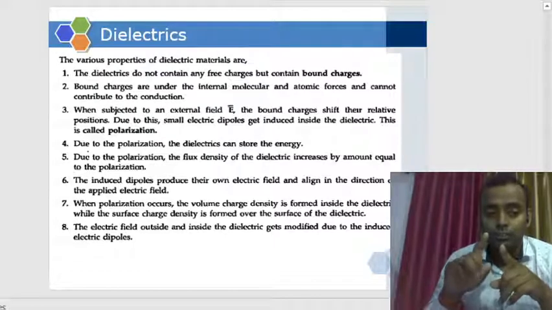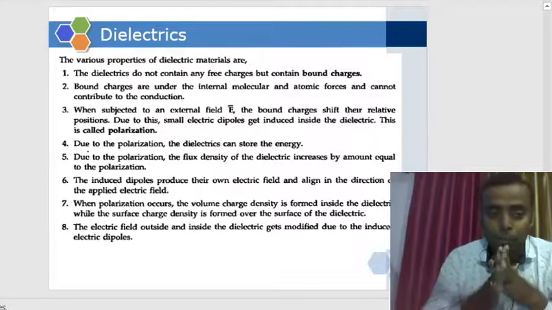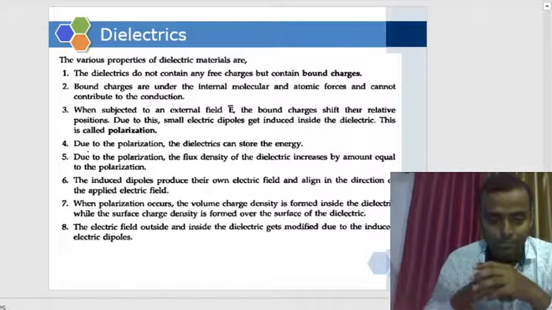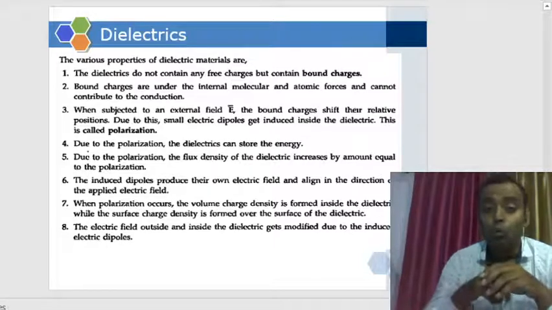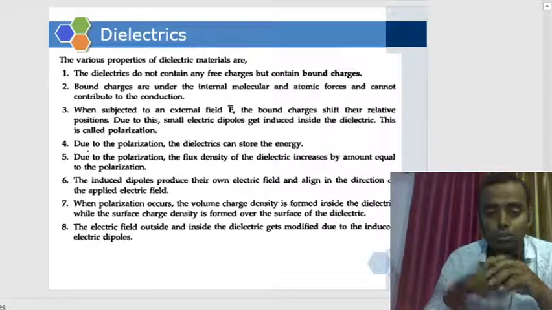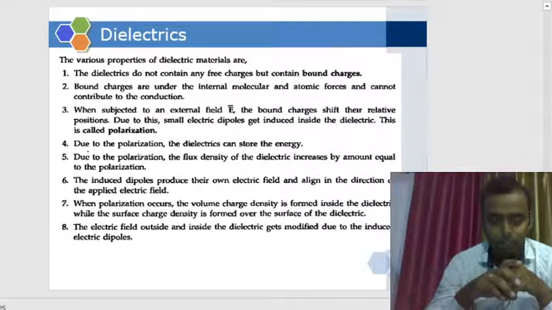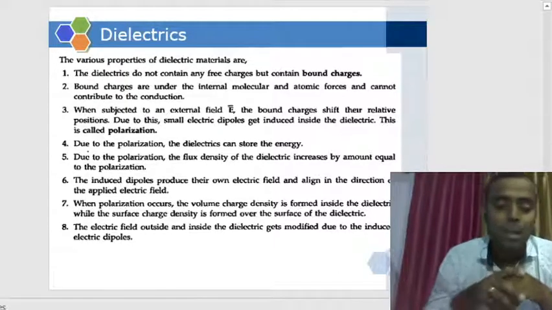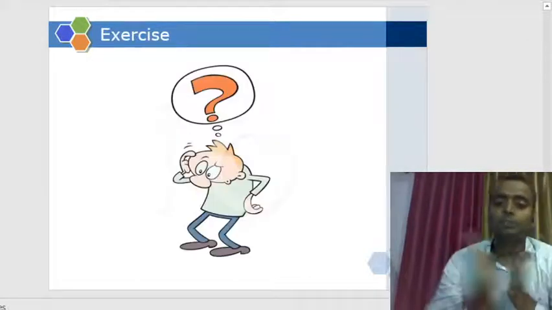Then we have seen the continuity equation, the materials and their properties. And of course Ohm's law, the point form of Ohm's law, J is equal to sigma E. What is sigma? Conductivity.